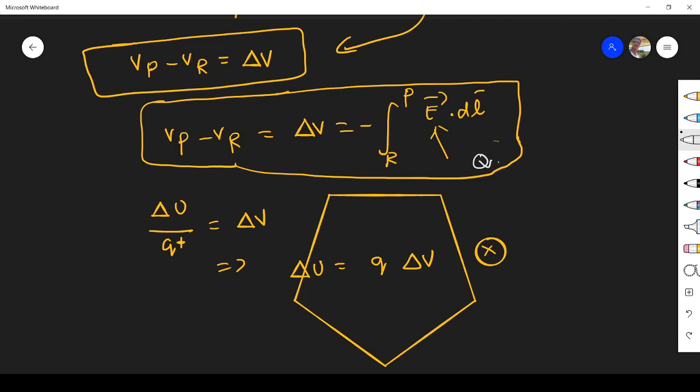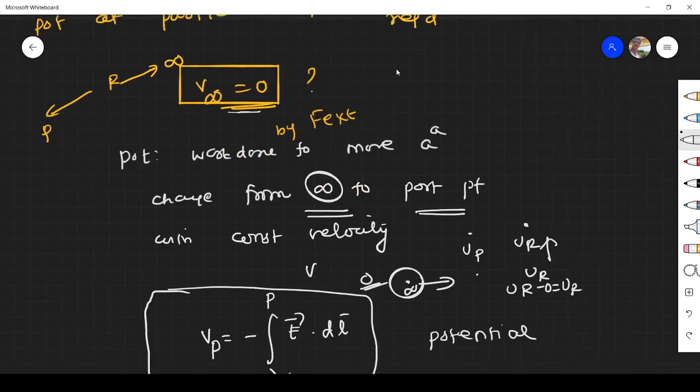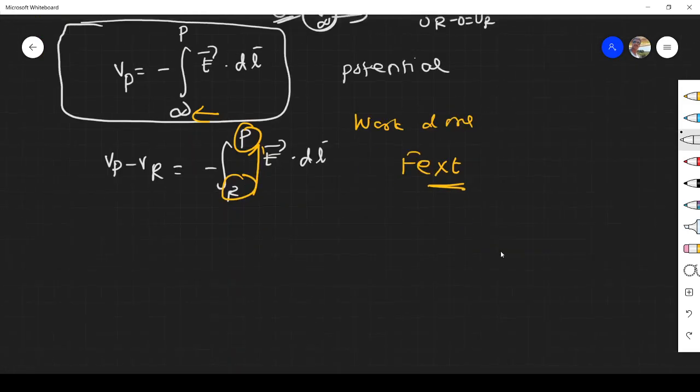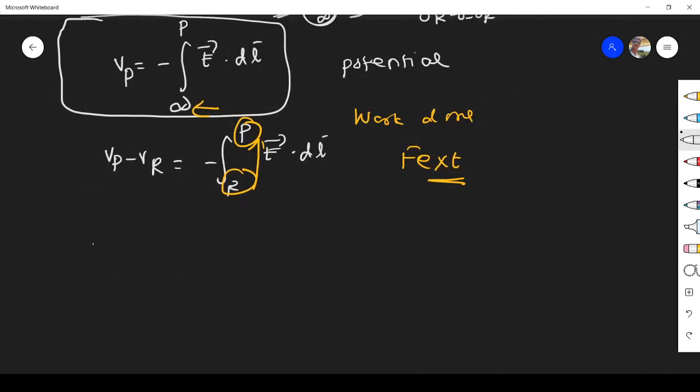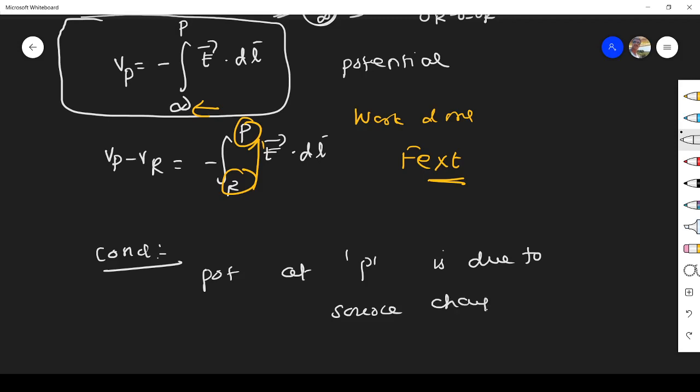So the electric potential at a particular point depends only on the source charge, not on the test charge. Very important point. So our conclusion one is that potential at a particular point P is due to the source charge only, not the test charge.